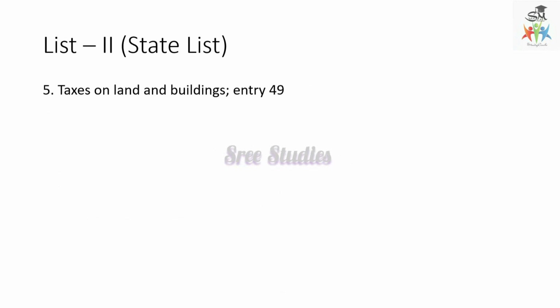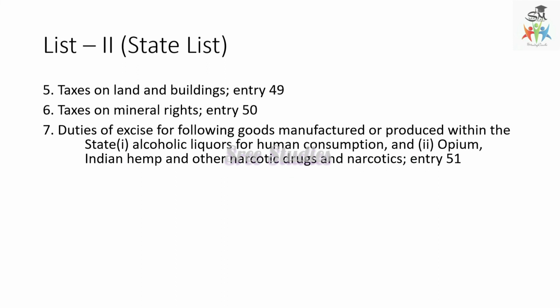And taxes on lands and buildings, entry 49, and taxes on mineral rights, entry 50, and duties of excise for the following goods, particularly those manufactured or produced within a state: alcoholic liquors for human consumption, or opium, Indian hemp and other narcotic drugs and narcotics, entry 51.